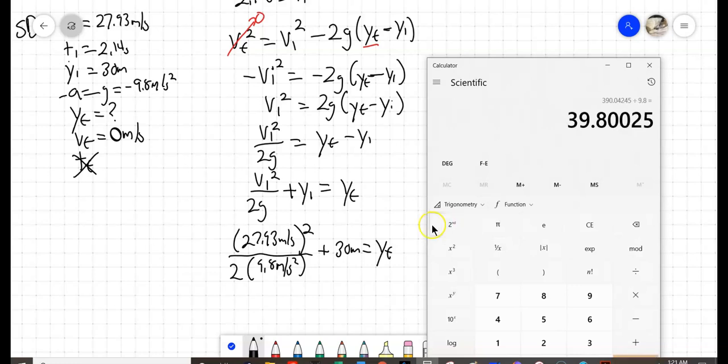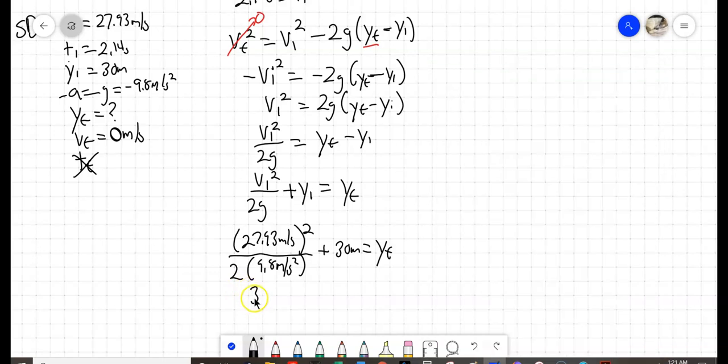So this part over here is going to be 39.8 meters. And then I'm going to add to that 30 meters, and that's y final. Well, that works out to be 69.8 meters is y final.